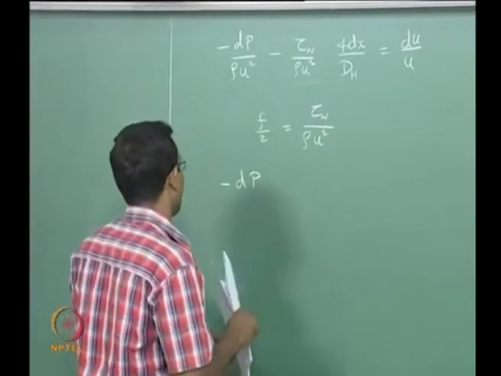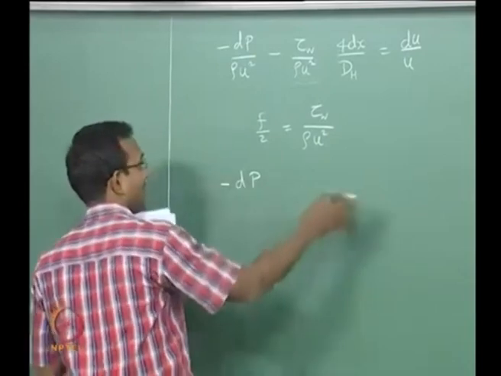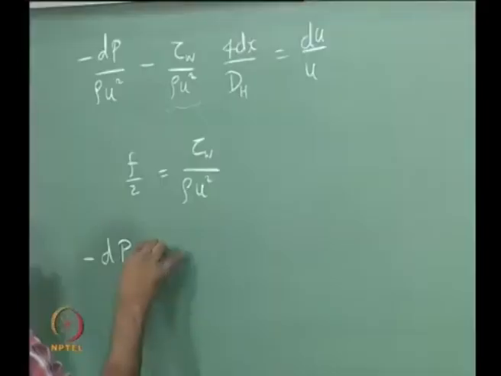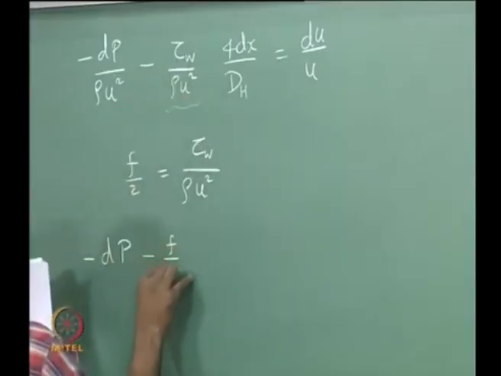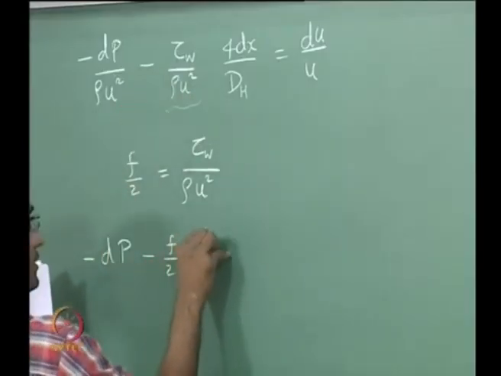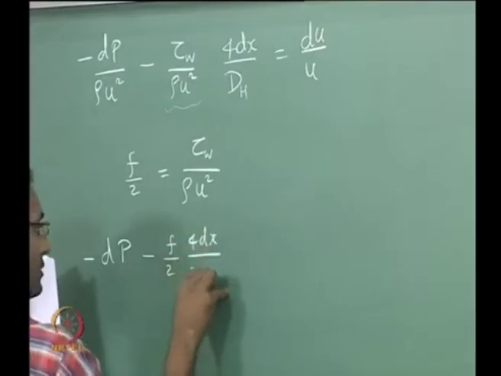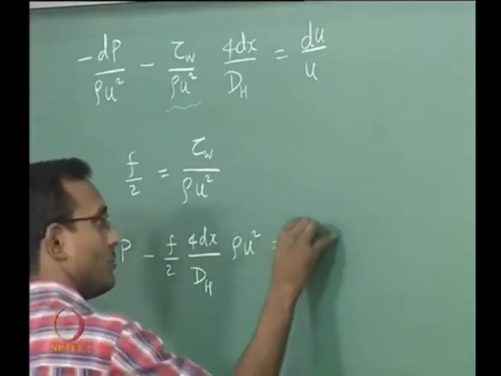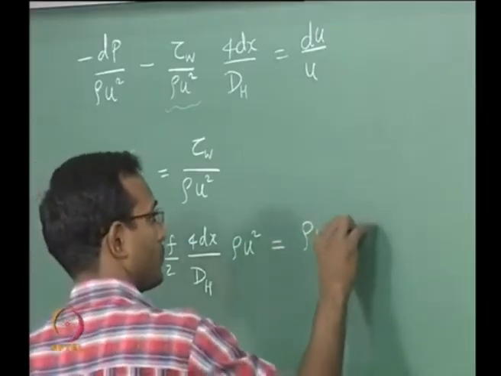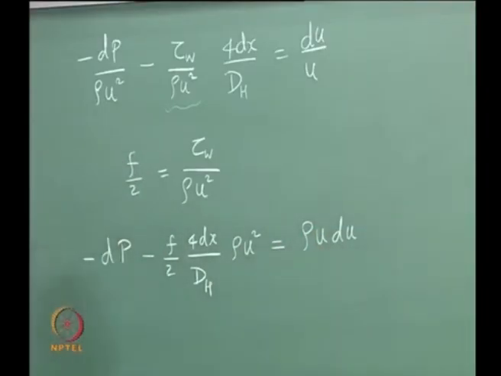So I will write it as dp first, and then I will divide the whole expression by p, with substitution of this for f by 2: dp minus f by 2 into 4 dx by dh multiplied by rho u square is equal to rho u du. This is the expression I have. Now I will divide this whole expression by p so that I get a dp by p here.